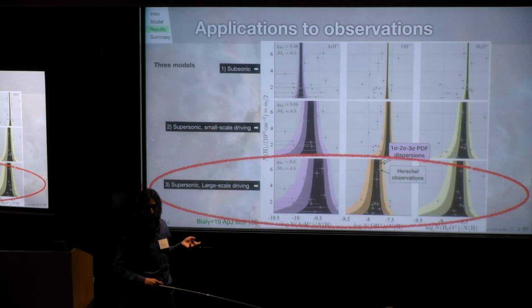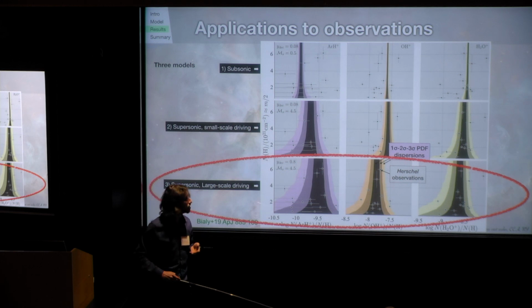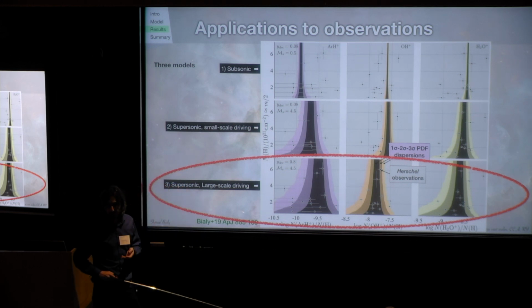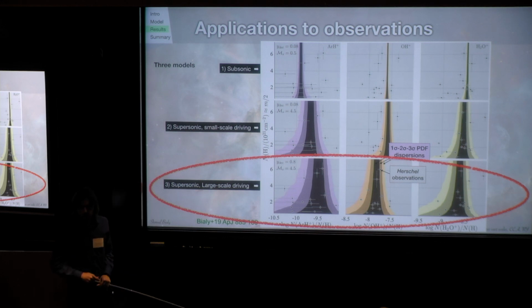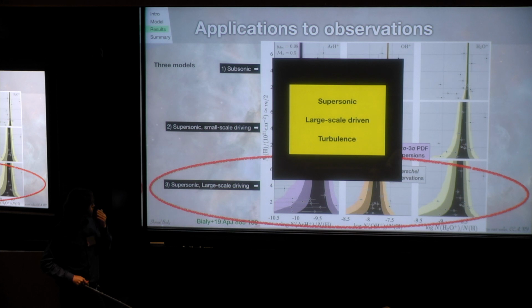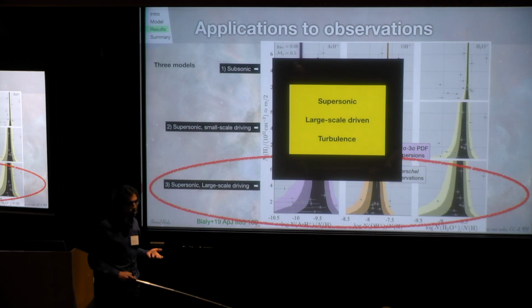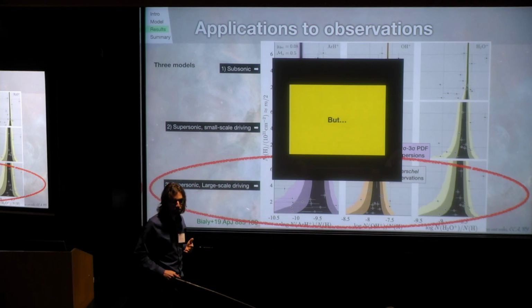The interstellar medium is not a box. And there are other assumptions that are made in our simulation. But this is just to show the general effect of the Mach number and the driving scale. So based on observations and model, we can say that supersonic large-scale driven turbulence best matches the observations.